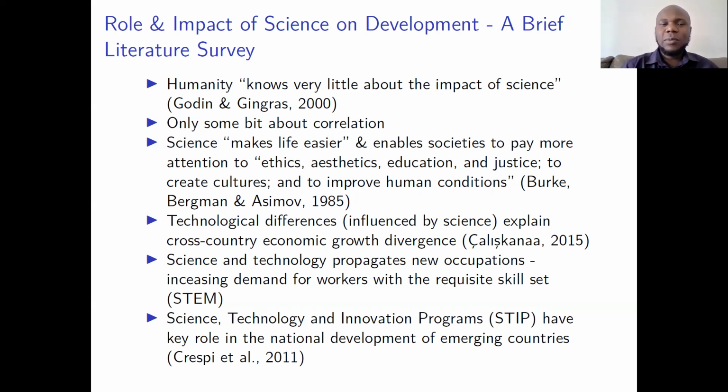It enables societies to pay more attention to ethics, aesthetics, education, and justice, and to create cultures improving human conditions. That according to Beck et al. in 1985. So technological differences, which are influenced by science, also explain cross-country economic growth divergence. And science and technology propagates new occupations, thereby increasing demand for workers with the requisite skill set, particularly in STEM.